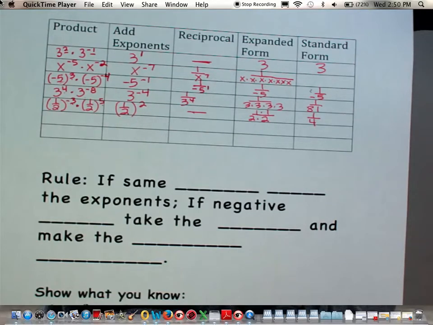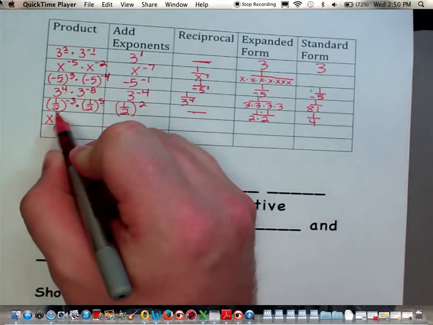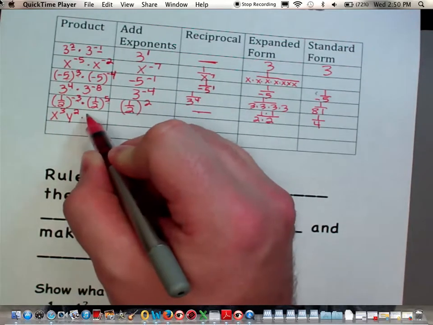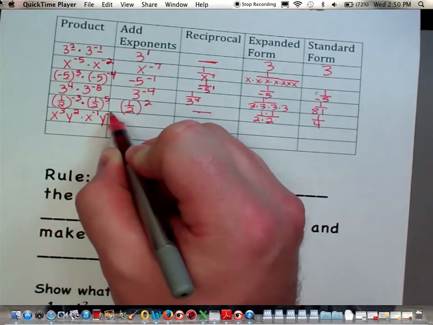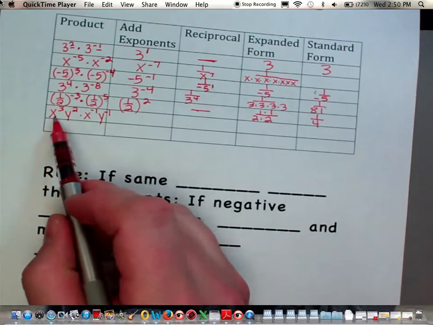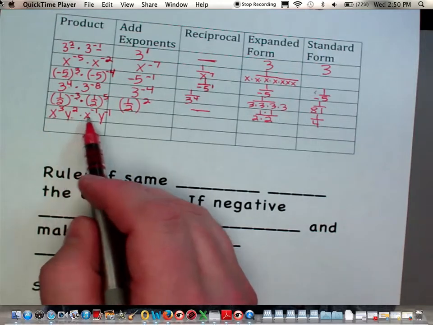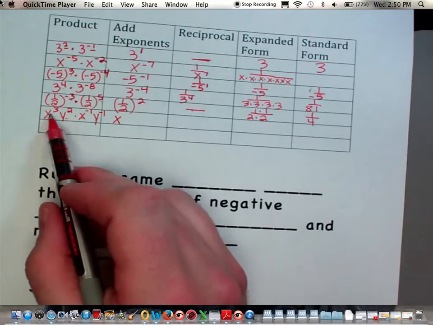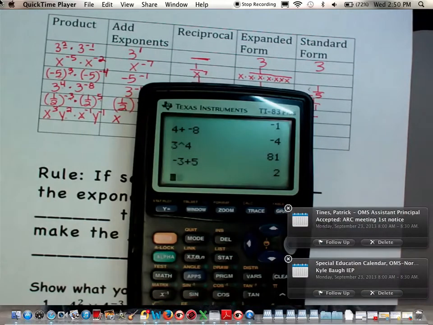Okay? Say for instance we have this one. X to the 3rd power, y to the 2nd power, times x to the negative 1 power, y to the negative 1 power. Well, let's just look. I can combine the like bases. With my like bases, I have x and x, and I've got y and y. So I'm going to put the x together. When I put those together, I'm going to do 3 plus negative 1.